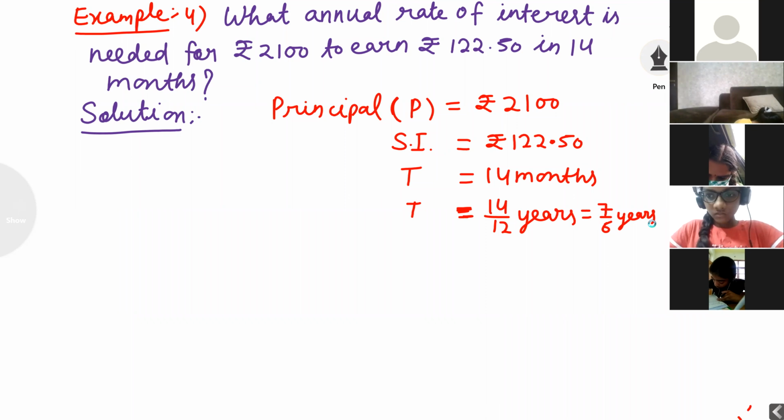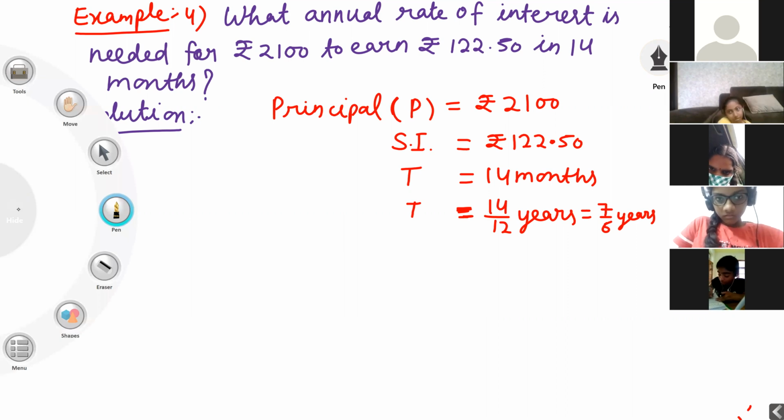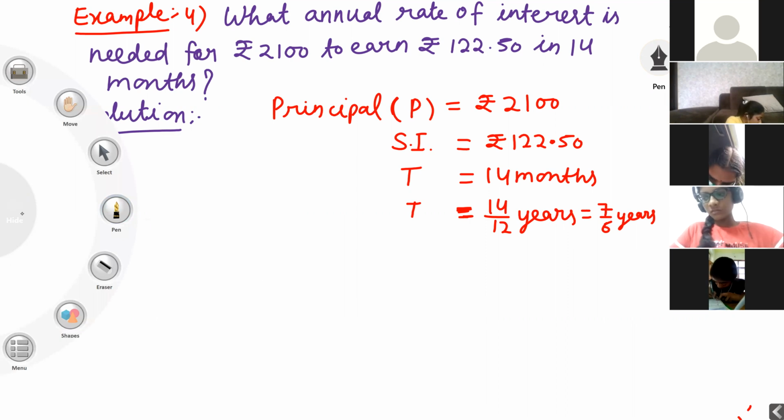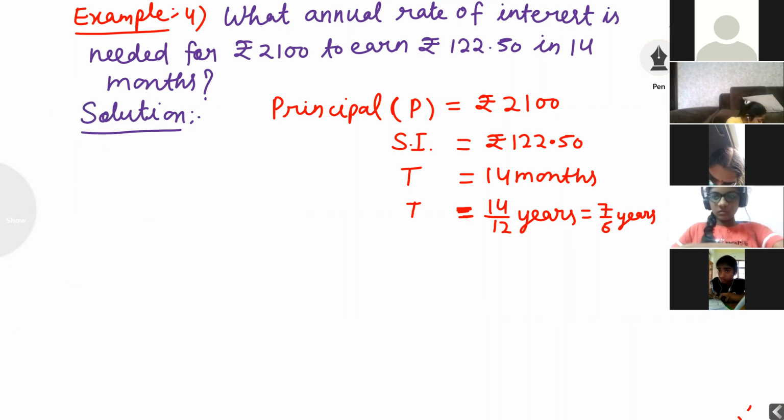Now we know the formula. Rate R is equal to SI into 100 divided by principal into time. What we are finding here? Rate.